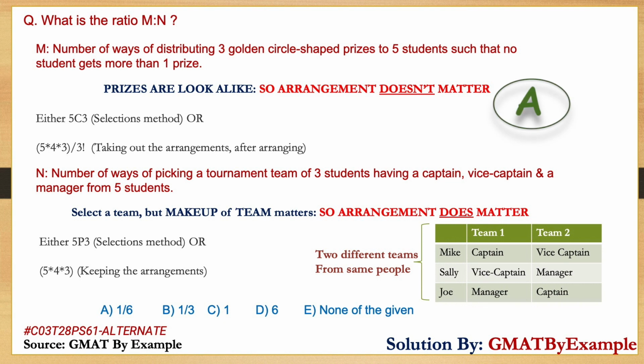So here arrangement would matter. In the end, the answer would be flipped, right? Instead of 6, it would be 1 by 6, but I wanted to demonstrate how a simple change in the context or the sentence can make a difference in permutations and probability questions.